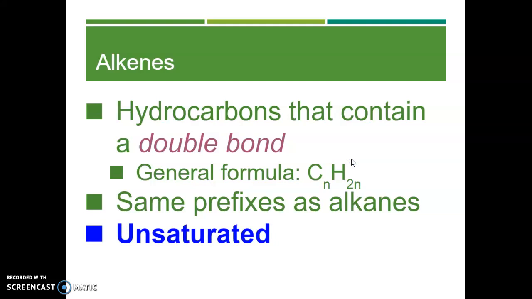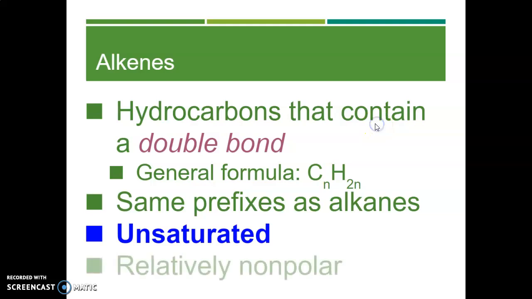All right, alkenes are unsaturated, and a saturated compound just means that that carbon has the maximum number of possible atoms bonded to it. Obviously, if you have a double bond, it's not going to have a maximum number of atoms bonded to it. Doesn't mean that it doesn't have 4, it just means that it doesn't have 4 different bonds to that particular carbon, okay?